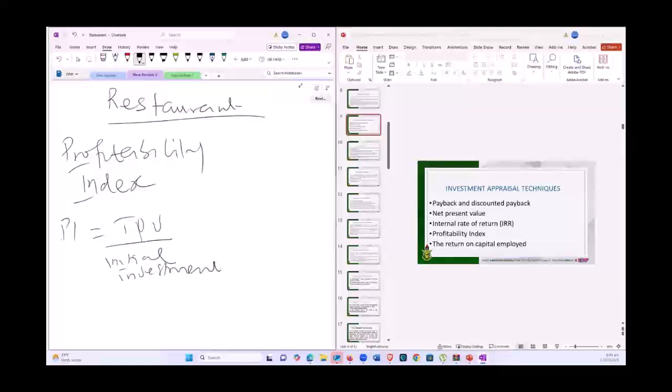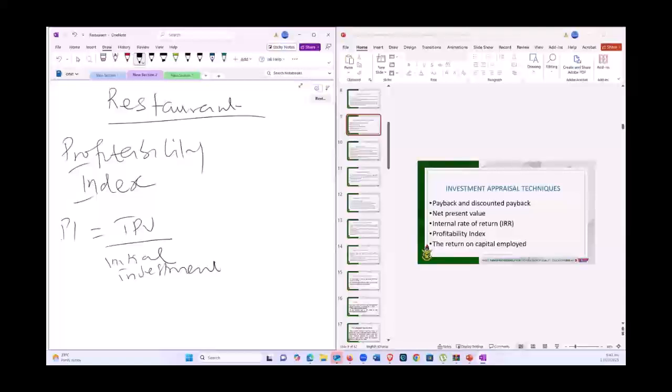The interpretation is simple. You accept all projects with profitability index greater than 1, and you reject all projects with profitability index less than 1. So it's very simple.